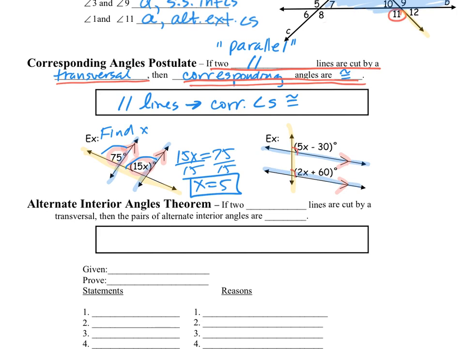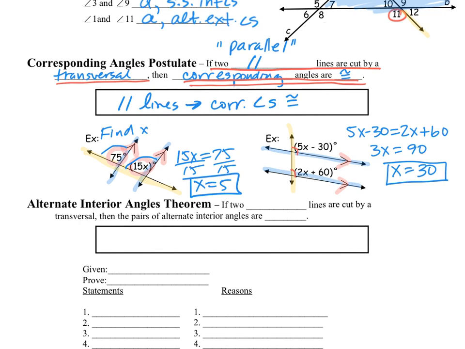When parallel lines are cut by a transversal, corresponding angles are congruent. So we can set 5x minus 30 equal to 2x plus 60, because remember, if two angles are congruent, then their measures are equal. I'm going to subtract 2x from both sides and add 30, and we get x is equal to 30 degrees. X is just equal to 30.